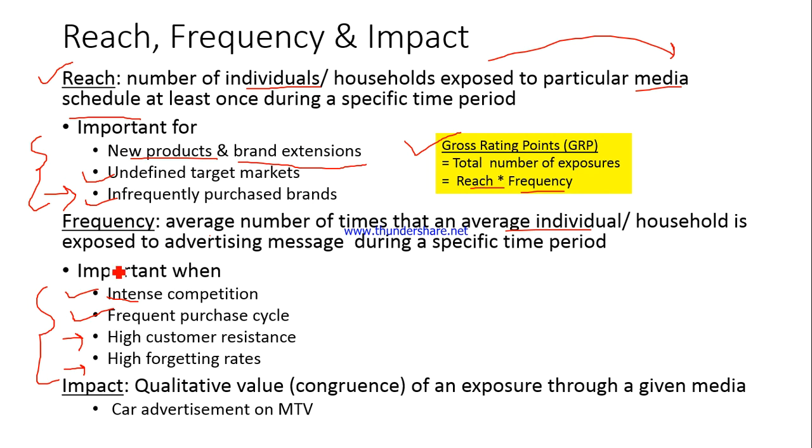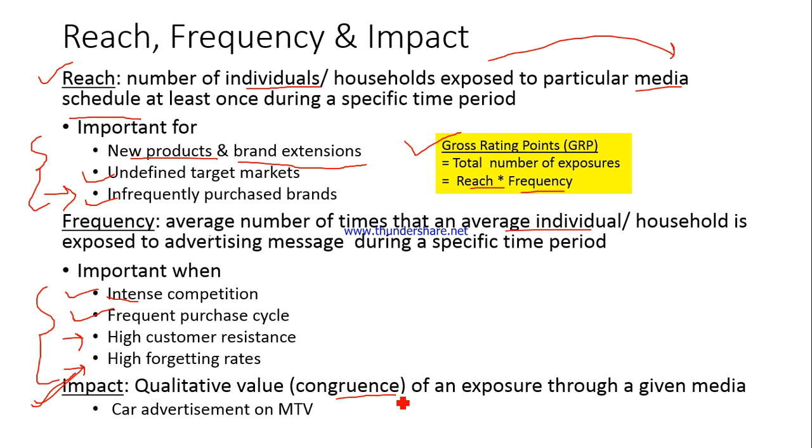Then let us talk about the qualitative aspect, which is impact. Now what do we mean by impact? Please understand. Impact is basically the qualitative value, congruence of an exposure through a given media. I hope you remember the meaning of this particular word, congruent media.